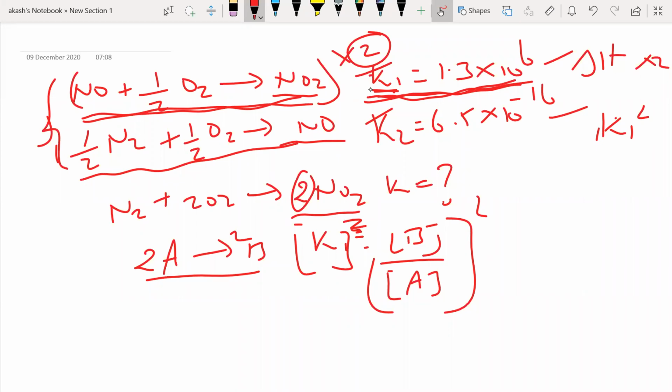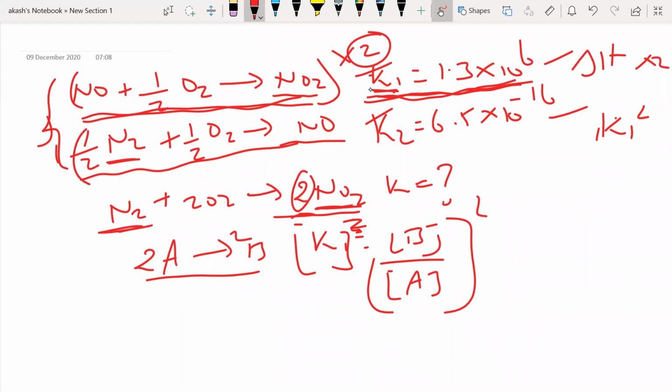Okay, next. Now, NO2 is done. We have 2 NO2 on the product side. Now what I need is N2. I require one N2 on the reactant side. N2 is here in the second equation, and again I have to have one N2 on the reactant side.